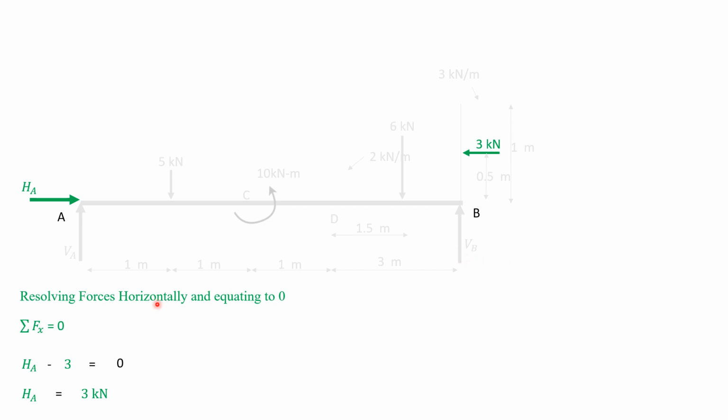Now resolving forces horizontally and equating to 0. HA is directed towards the positive x-axis, so plus HA, and 3 kilonewton is directed towards the negative x-axis, so it is minus. HA is plus and 3 is minus, so HA minus 3 equals 0. We get the HA value.